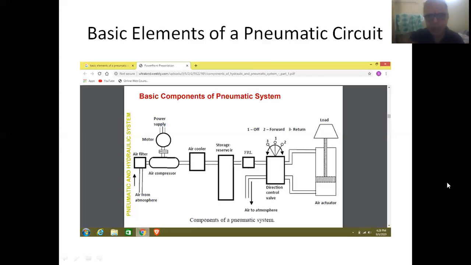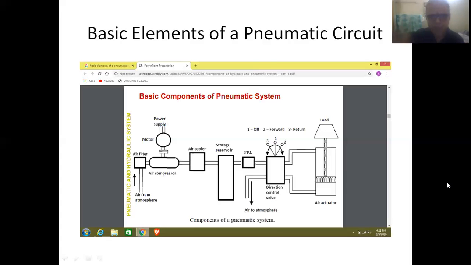And secondly, after completion of the forward stroke, automatically this DC valve will be coming to the second position. Now, in the second position, the inlet will be in contact with the second outlet of the valve, and the first outlet will be coming in contact with the exhaust of the DC valve.